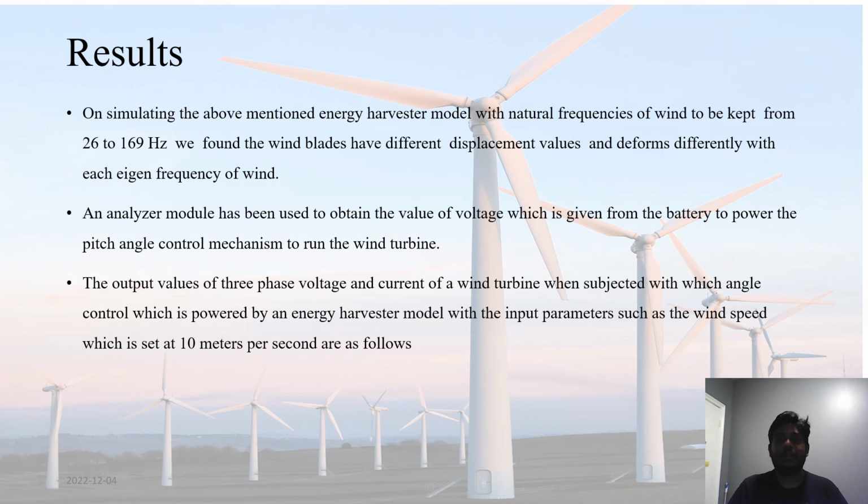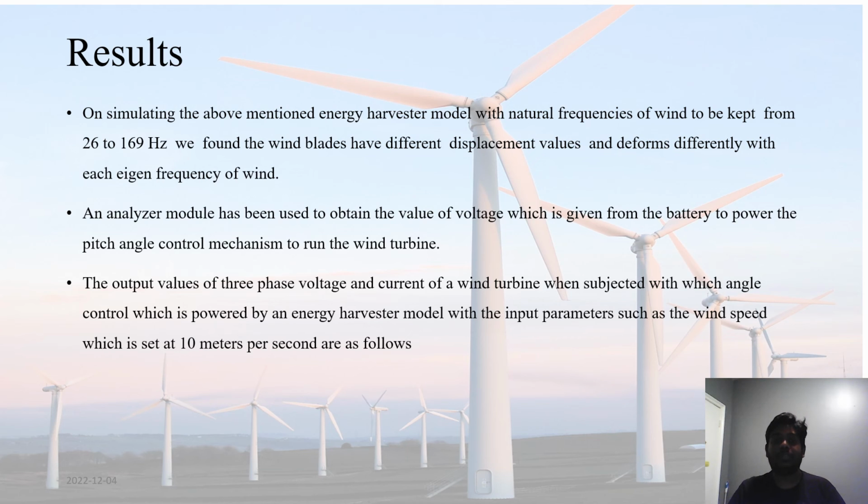On simulating the above-mentioned energy harvester model with the natural frequencies of wind between 26 to 169 Hz, we found that the wind blades have different displacement and deformity values with each eigenfrequency of the wind. An analyzer module was used to obtain the value of voltage from the piezoelectric bender, which is given from the battery to power the pitch angle control mechanism to run the wind turbine.